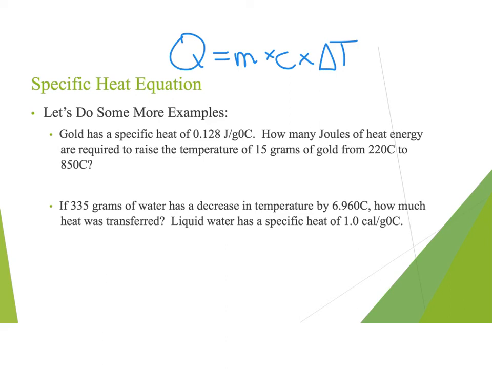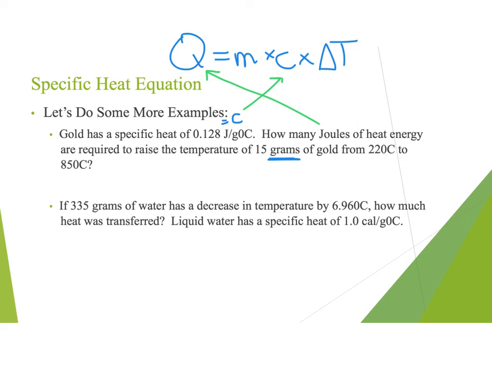It says gold has a specific heat of 0.218. All right, so specific heat, that means that is our C component of the equation. So we know C. How many joules of energy? So how many joules, that's our Q, are required to raise the temperature of 15 grams.